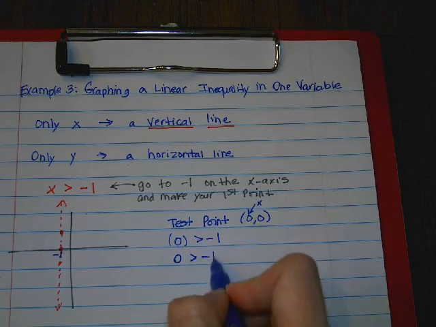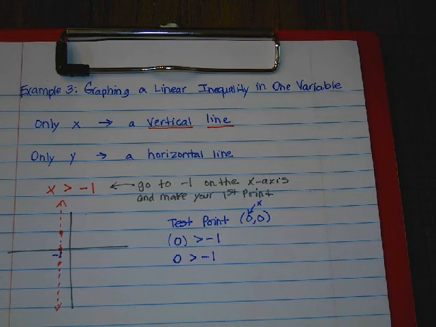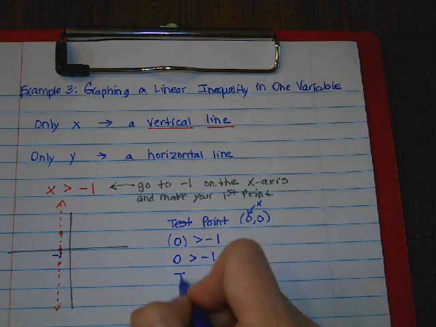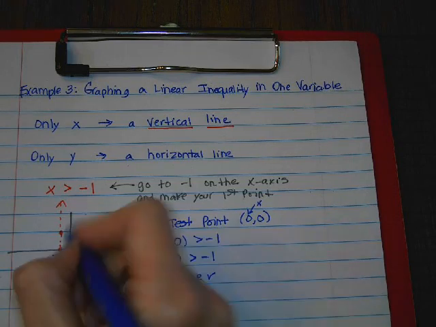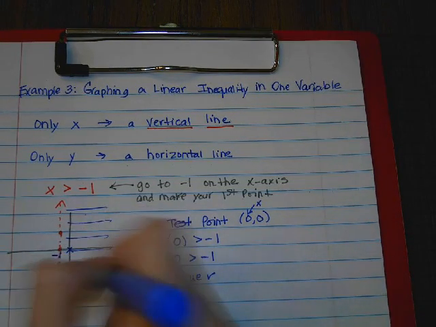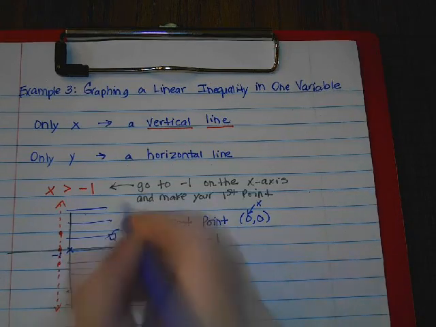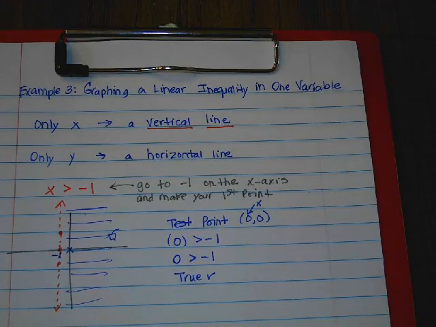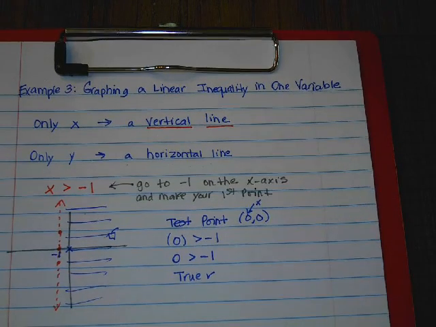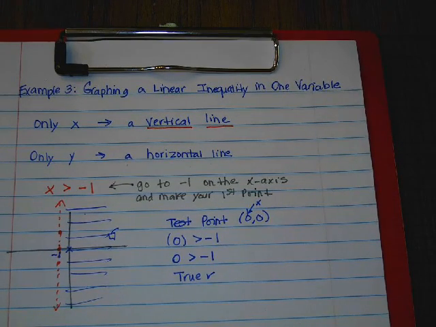So we ask ourselves, is 0 greater than -1? That is true. 0 is bigger than -1. So there was our test point that held true, so we would shade on this side, or we would drop our little bucket over here on this side. So again, numbers greater than -1 are to the right of it, or you can do your test point to see if it holds true.